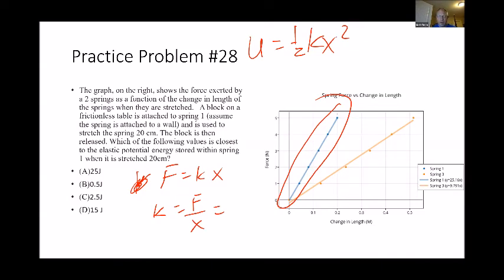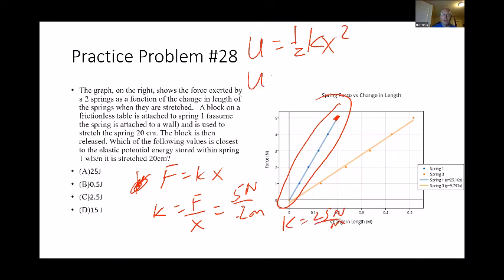So let's go up to our graph. At this point, the force is 5 newtons. And the stretch, the displacement, is 0.2 meters. So if we divide 5 by 0.2, we'll end up with a spring constant. And what we end up with there is 25. So K is 25 newtons per meter.